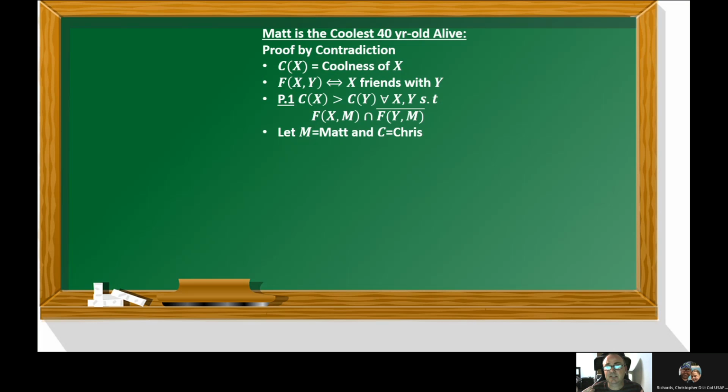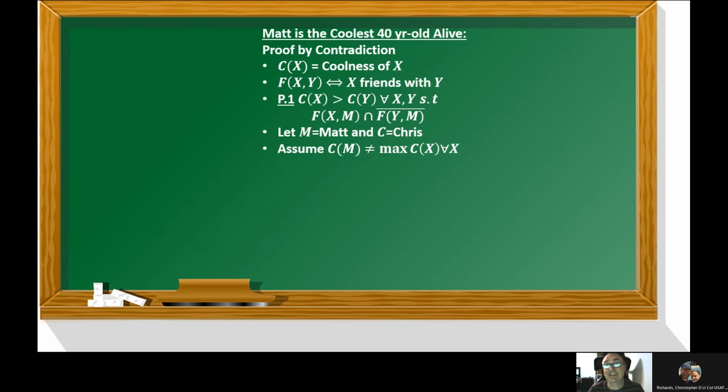All right, so then we're going to move on. Let's define some variables. So let m equal Matt. We've already used that before, but we're also going to do c. c is going to be Chris. So we can use these as instances of people that we can feed these functions. So let's start. Let's assume our contradiction or opposite, right?